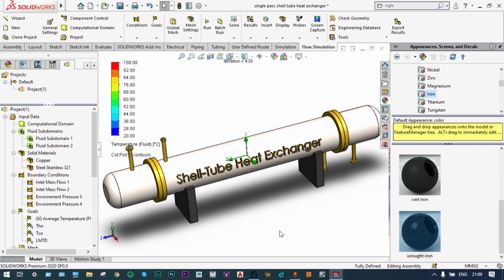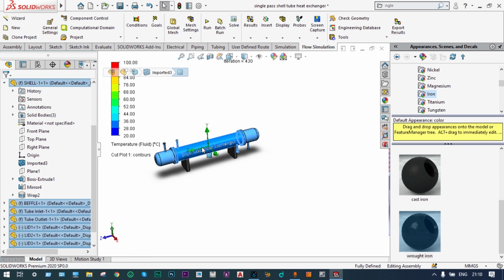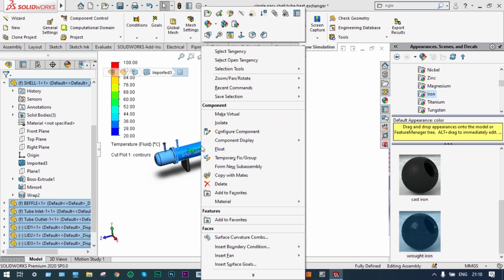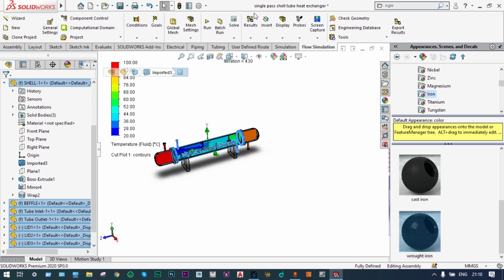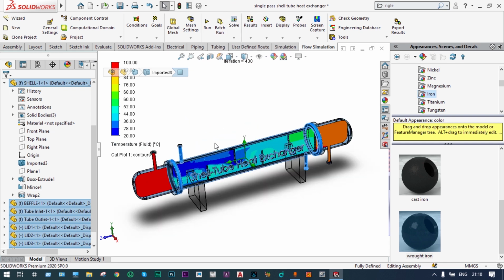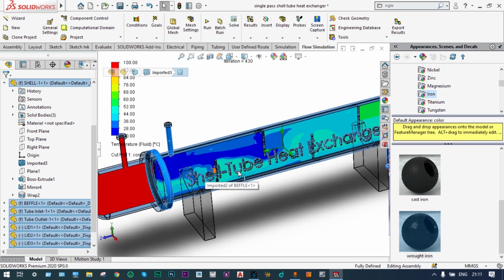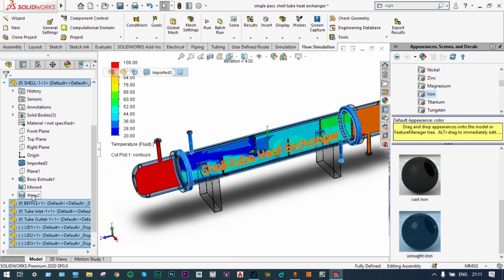Now one thing, for visualizing these things, it is better to make this model transparent, then it will be clearly visible. So let's make the model transparent. We have changed the transparency of this shell, and for better viewing, let us make this wrap part hidden.